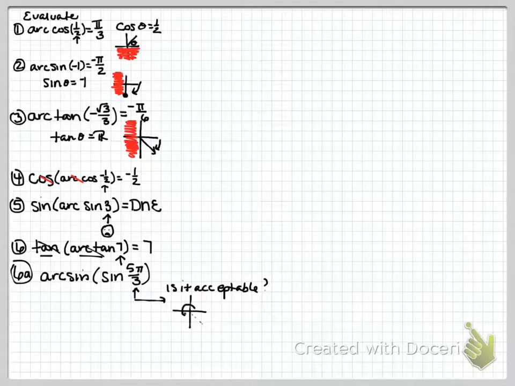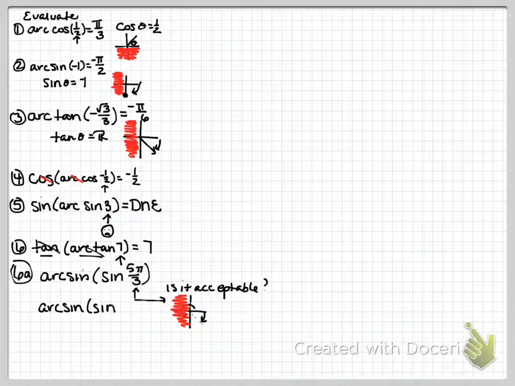But I went around this way, and I went in that no-fly zone. I can't go in the no-fly zone. So I need to change that 5 pi over 3. I have to go from here to here. So I can't go counterclockwise, I have to go clockwise, so I have to change my angle. So I have to change that arc sine of sine of 5 pi over 3 to negative pi over 3.